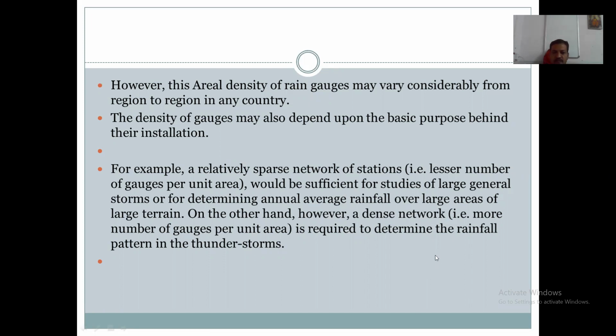So it depends upon the purpose of installation, whether it is used for determining average annual rainfall, for analyzing storms, or for determining the rainfall pattern in thunderstorms. Depending upon the purpose of installation, the rain gauge network is designed.